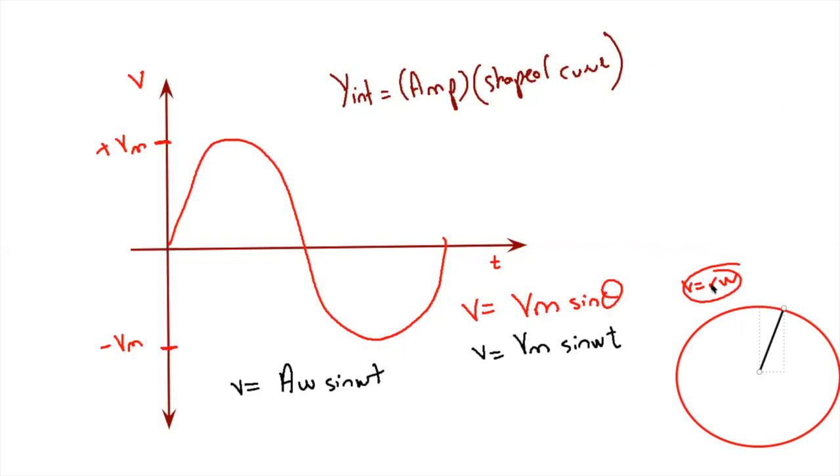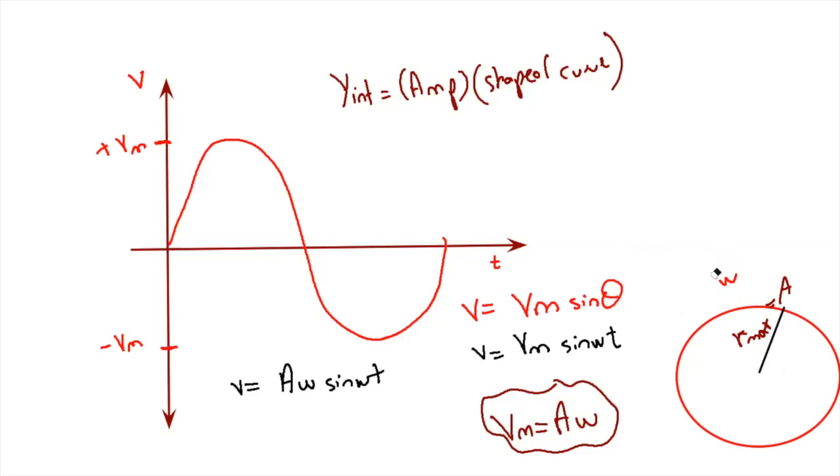So this is R max, and I can also say that this is the amplitude, okay? So V is R omega, but Vm is A omega, because A is the maximum radius, and Vm is the maximum velocity.